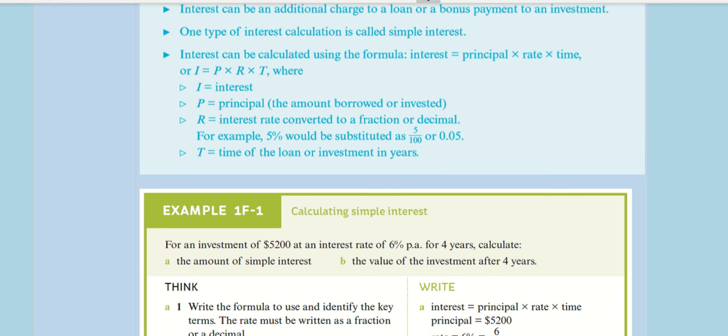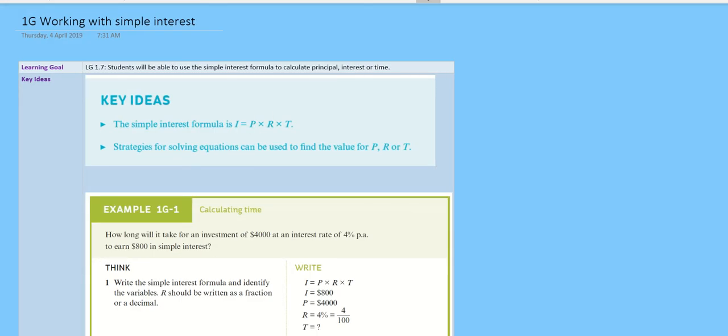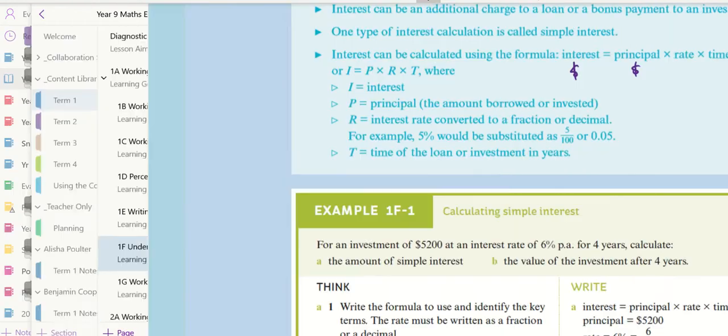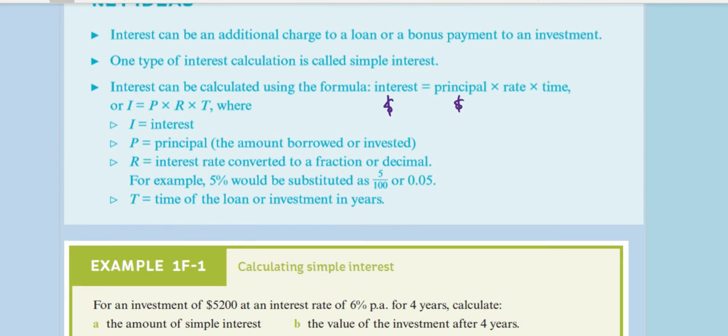You can see that interest is actually money, and the principal is money that you put in. Rate is generally a percentage, and time is often in years.